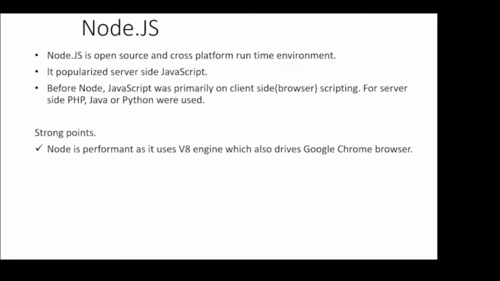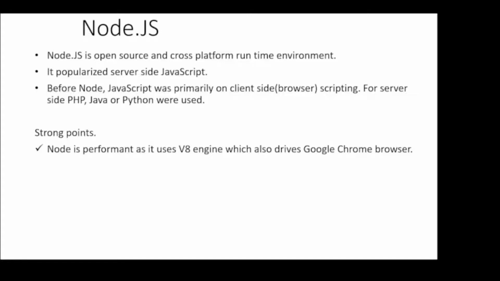What are the strong points of Node.js? The first is that Node.js is very performant as it uses the V8 engine. The V8 engine is the same engine which drives the Google Chrome browser. Node.js is pretty low level, so you can write any code on the server side directly on Node.js.